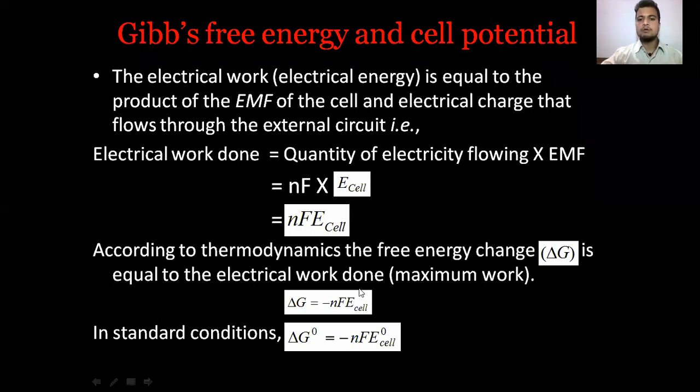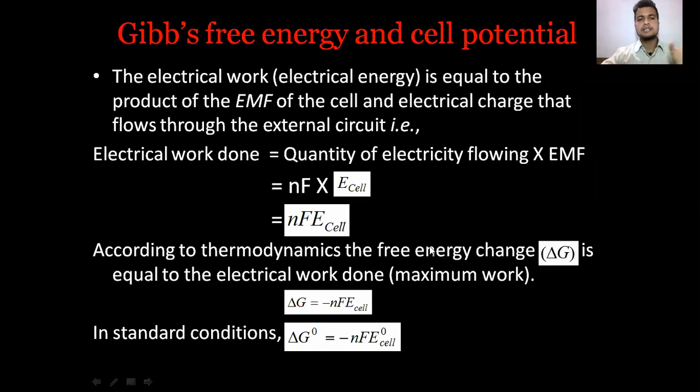That means whatever the free energy change is for that particular cell must be exactly equal to how much work is done. How much energy is lost is equal to how much energy is produced, right? Energy can only be transformed, it cannot be destroyed or created.